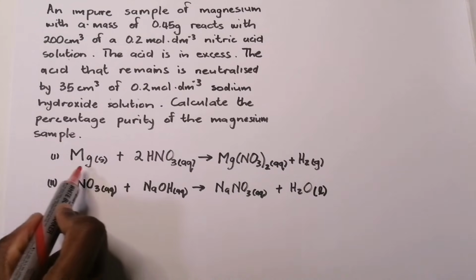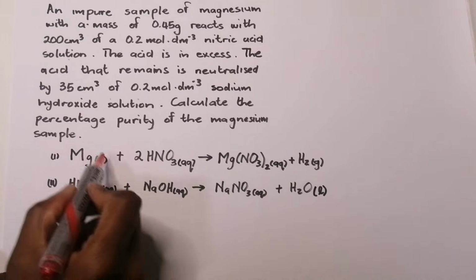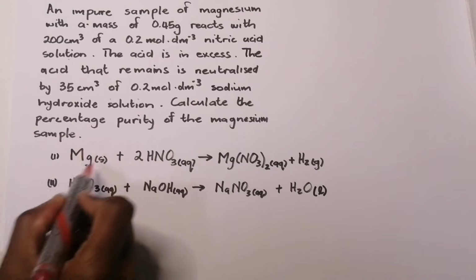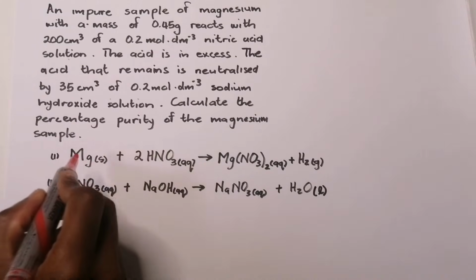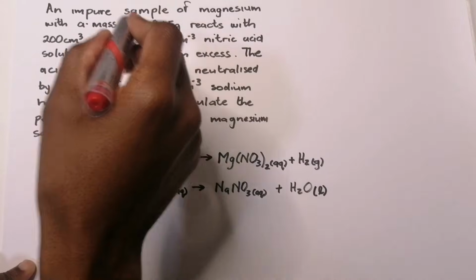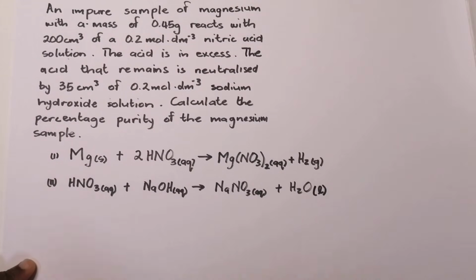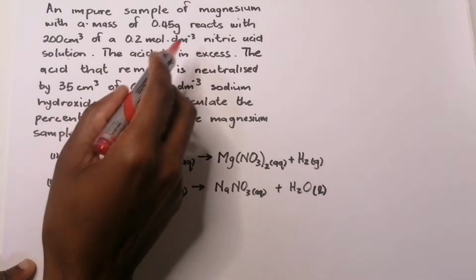So in that reaction between magnesium and nitric acid, you actually don't have the mass of the magnesium. Why? Because that 0.45 is the mass of the impure sample, which means it's the magnesium with the other stuff. Okay, right. So I hope that you get that.